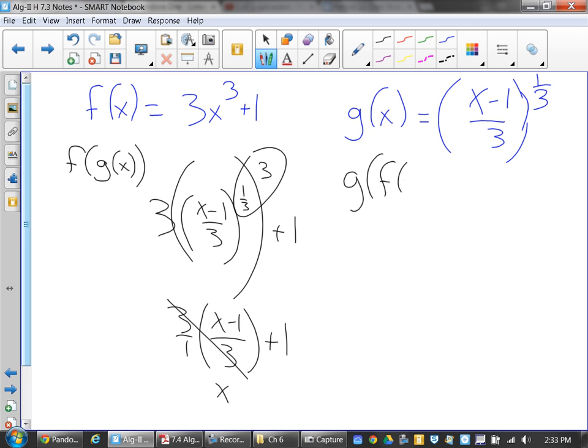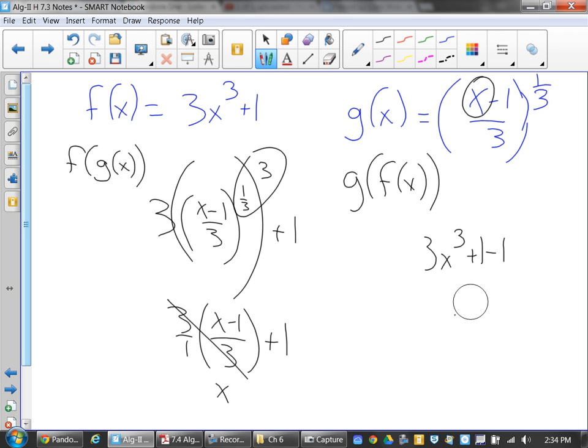g of f of x. Start by writing down the f of x equation: 3x cubed plus 1 over 3. Sorry, I skipped a step.